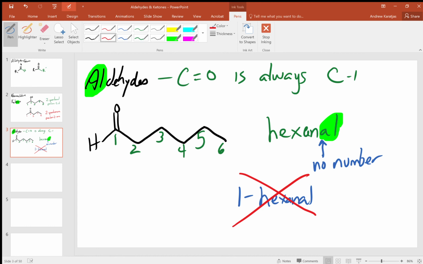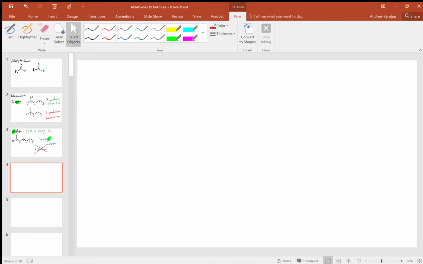Other than that, though, the nomenclature of aldehydes and ketones is identical to everything else we've learned about every other functional group, including things like making sure you have your substituents in the correct order, as well as things like R and S and E and Z. The only other situation that can be a little bit more complicated is what if we have both?